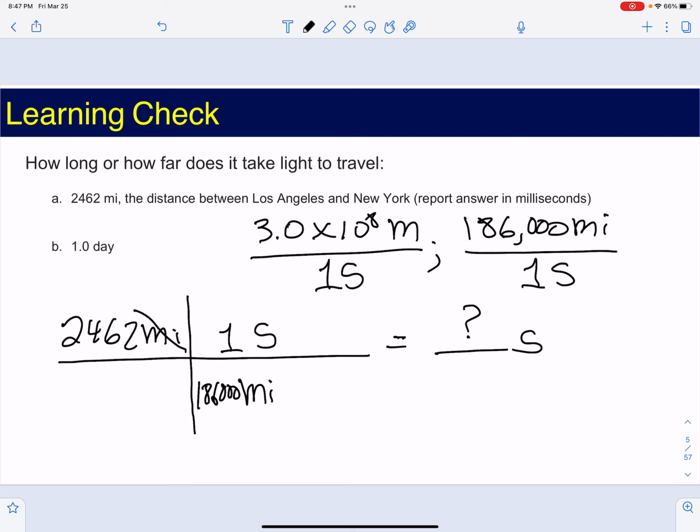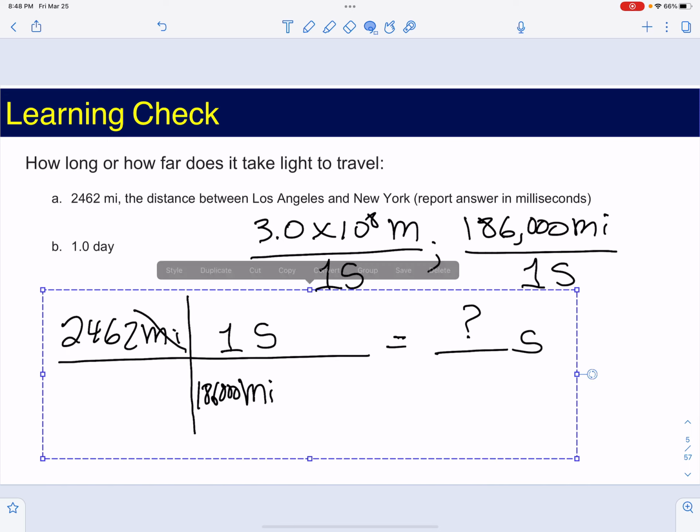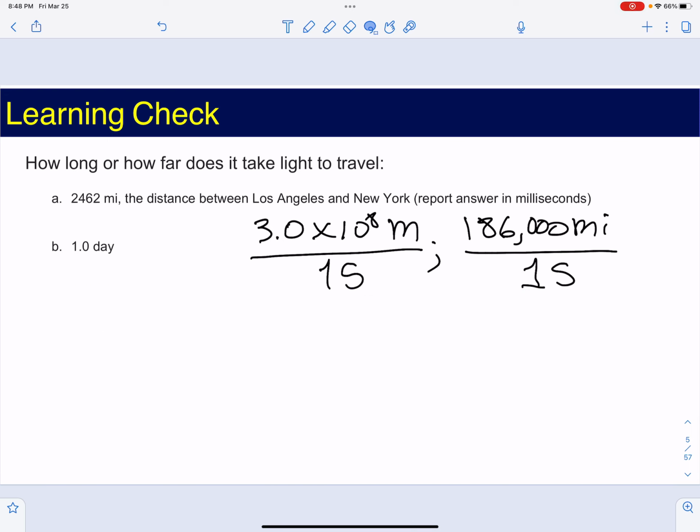So all we have to do is 2462 divided by 186,000. And that will give us how many seconds it will take light to travel that distance. What about the second one? On the second one, we want to see how far light can travel in 1 day.